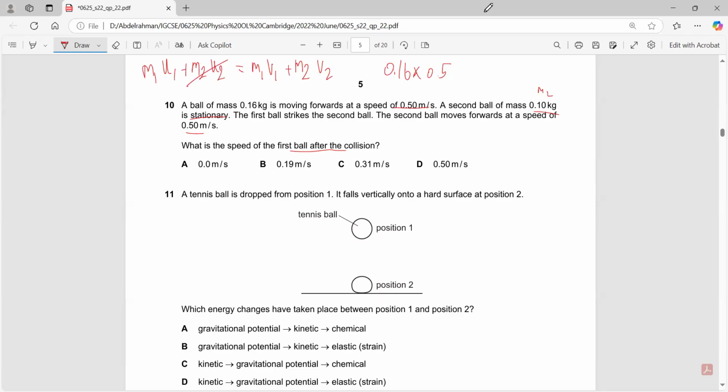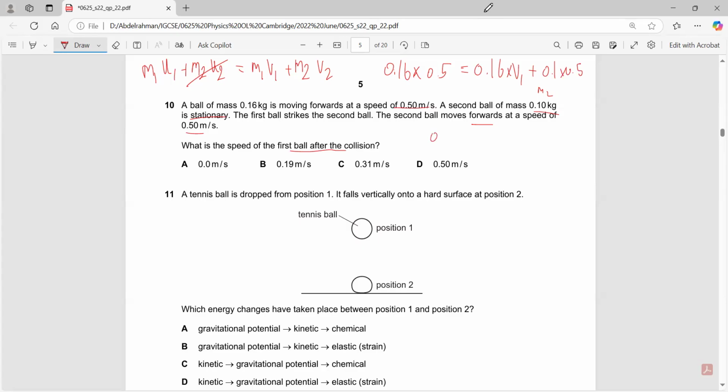Basically, you can cancel it out. m1 is 0.16 times v1. We do not know the velocity of the ball after the collision. Plus m2, which is 0.1, the second ball, times the velocity forward, which is in the same direction, 0.1 times 0.5.